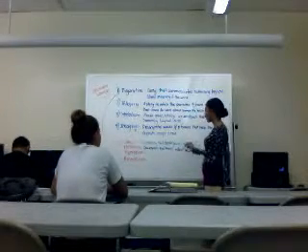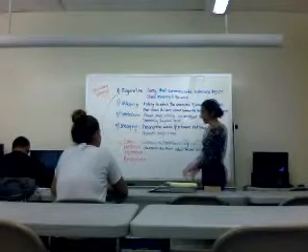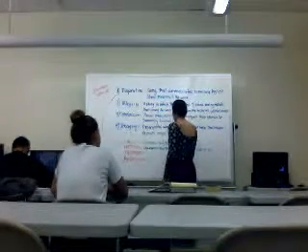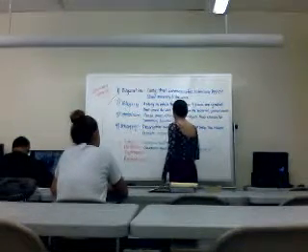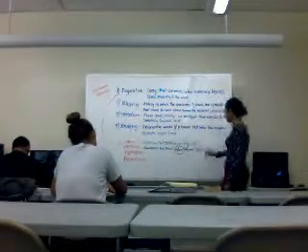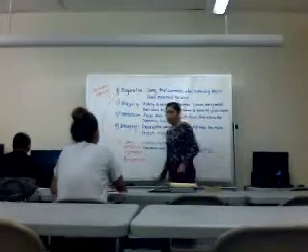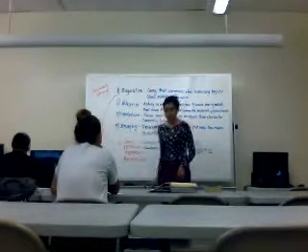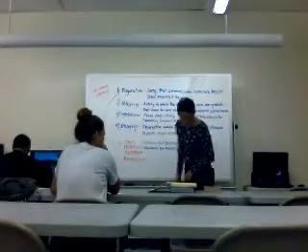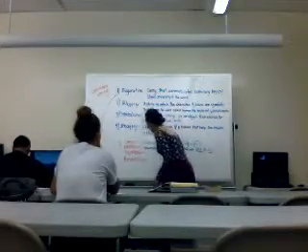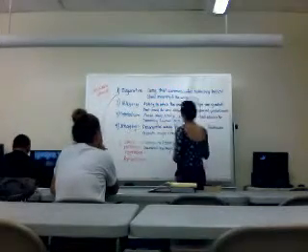Exactly, because we already know that I used the word like. So it's really easy to spot. For metaphor, we don't use like or as. Let me give you an example. I'll write it down. So, an example of a metaphor, let's see.